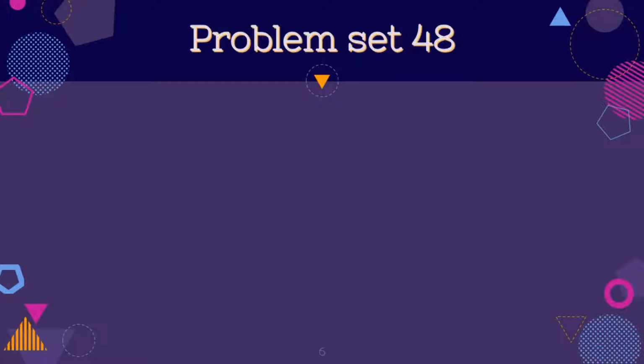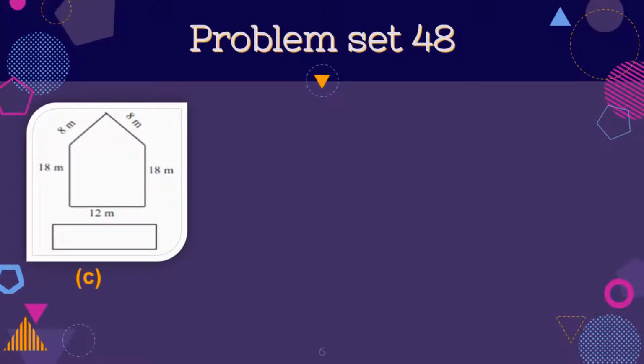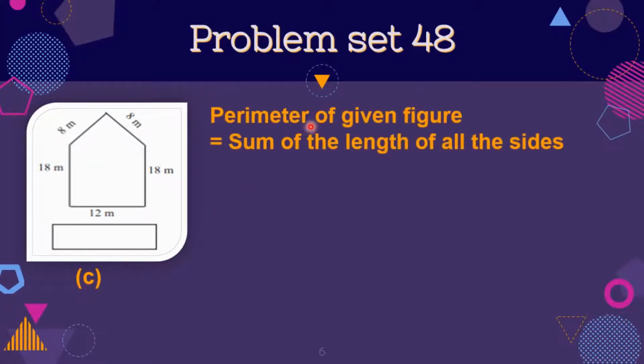Let us find out the perimeter of given figure C. We know that perimeter of a given figure is equal to sum of the length of all the sides of that figure. Here the length of the sides of this given figure are 8 meter, 18 meter, 12 meters, 18 meters and 8 meters.